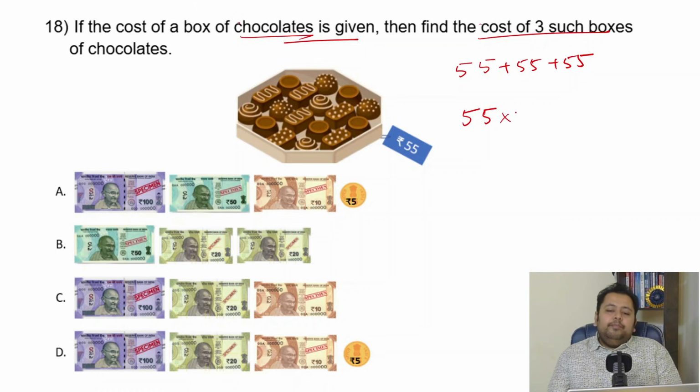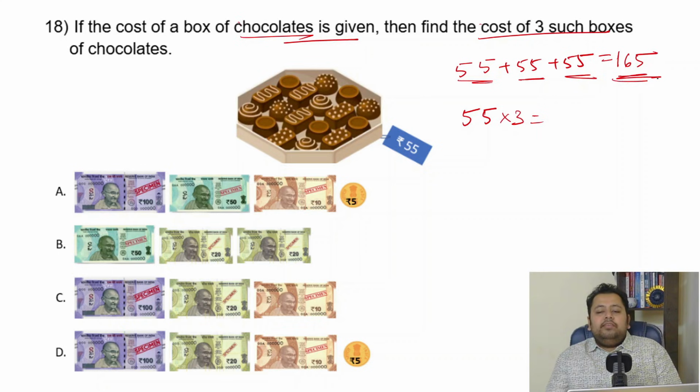So 55 multiplied by 3 is also the same answer, right? So let's do the addition over here. I'm not doing it currently, but if you do the addition, this is nothing but 165, right? So this is 165. The cost would be rupees 165.